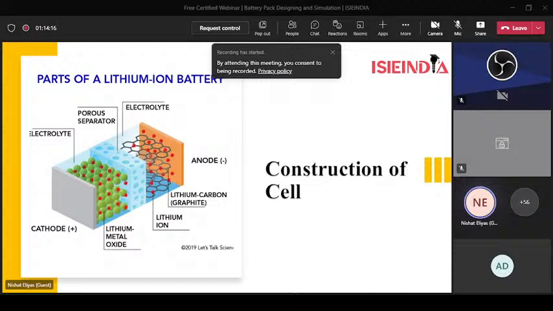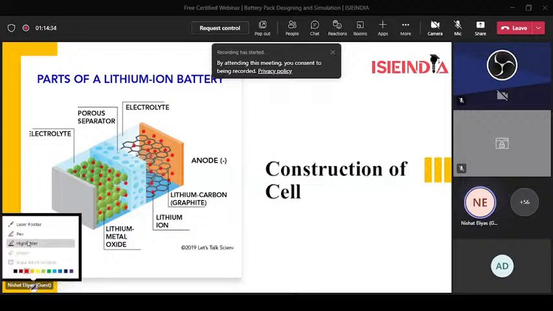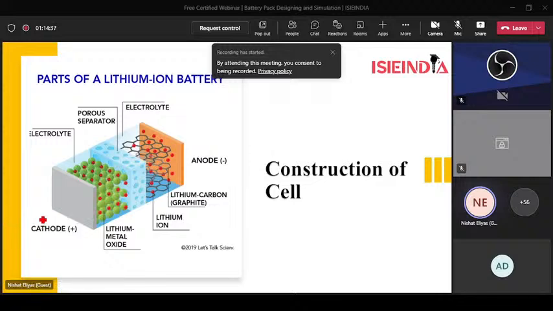We will now see what happens when we put the cell on charge, and what happens when we put a load on the cell. When an external potential is applied on the cell, like biasing, a reaction starts inside the cell, and there are two things: what happens outside the cell and what happens inside the cell.